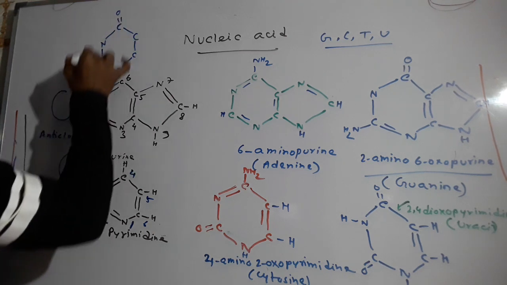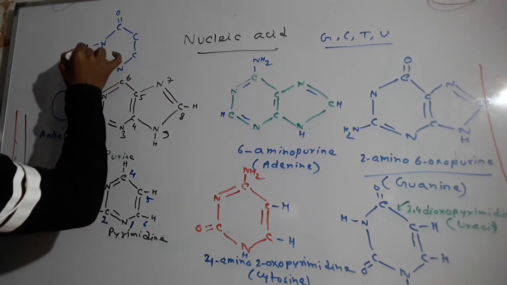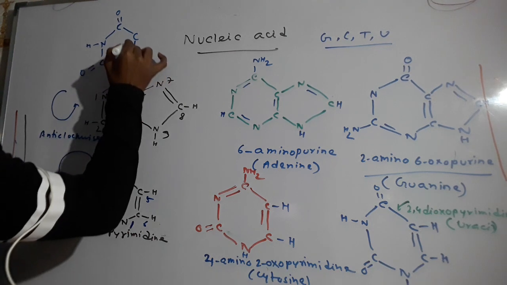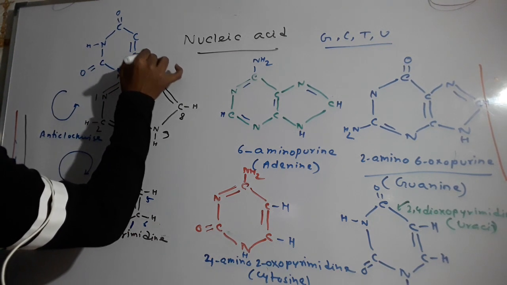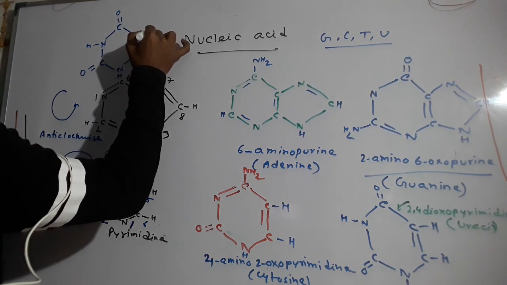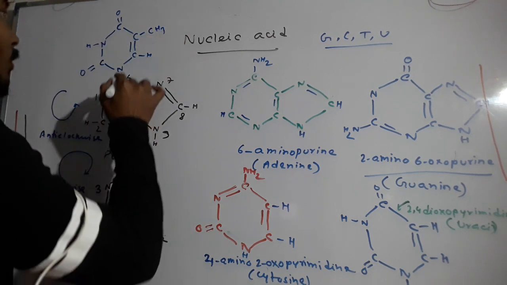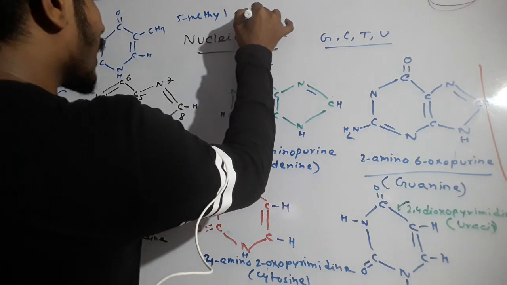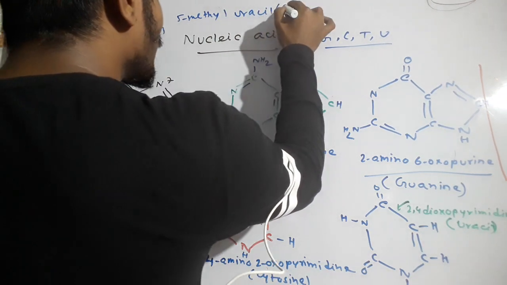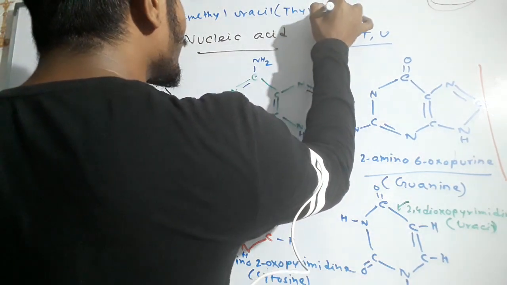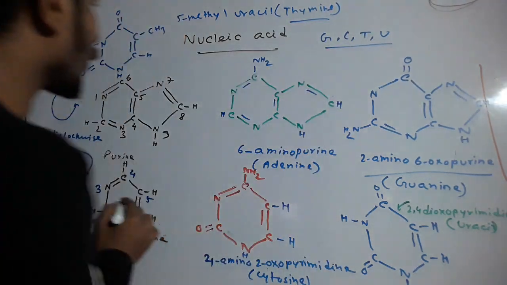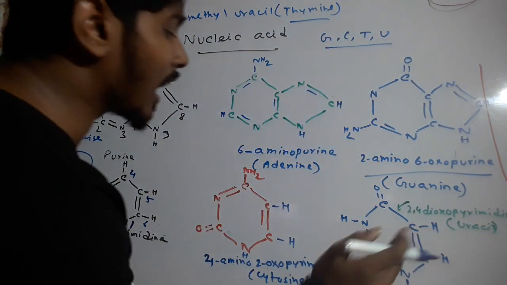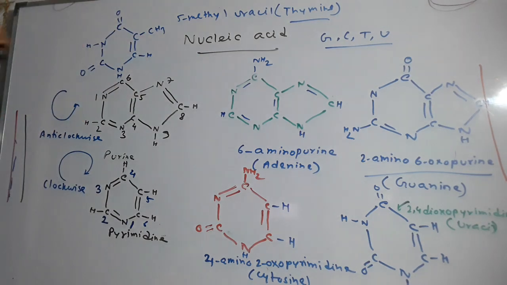So you have double bond O, hydrogen, again hydrogen, here is hydrogen, and this 5th position we have methyl group. So the name will be 5-methyl uracil, or we can call it thymine. Thymine is found in DNA, not in RNA, okay, and uracil is found in RNA, not in DNA.